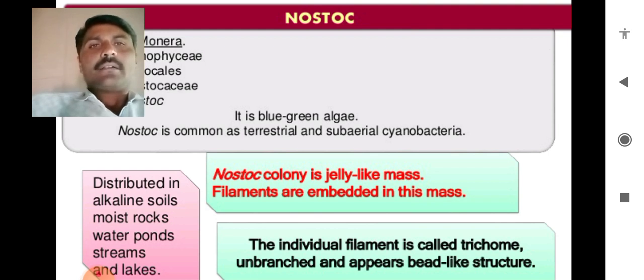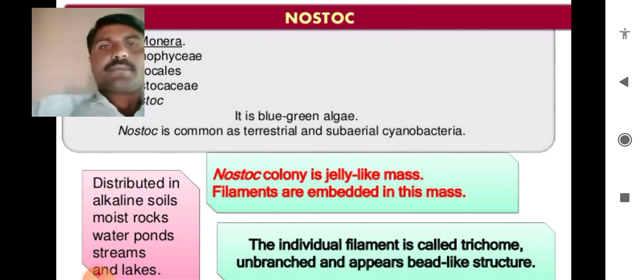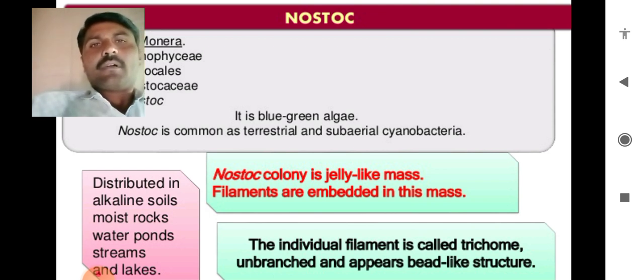This alga is distributed in alkaline soils, moist rock where water content is present, water ponds, streams, and in a few lakes also.